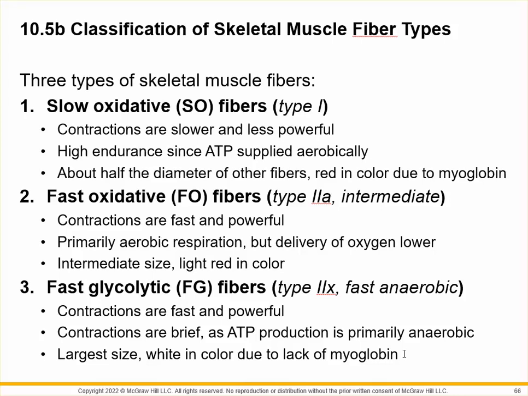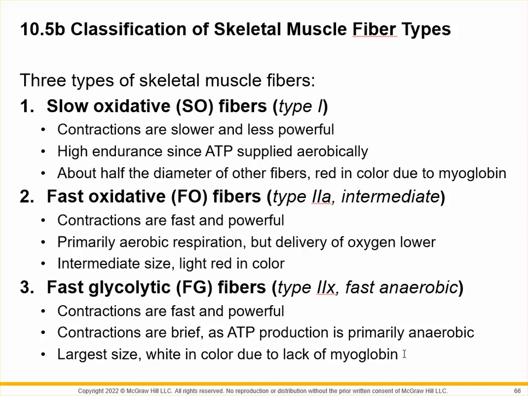Now, every person will have a mix of these three types of fibers within any given muscle. The relative frequency of them varies. So some people are better suited to fast, powerful things.